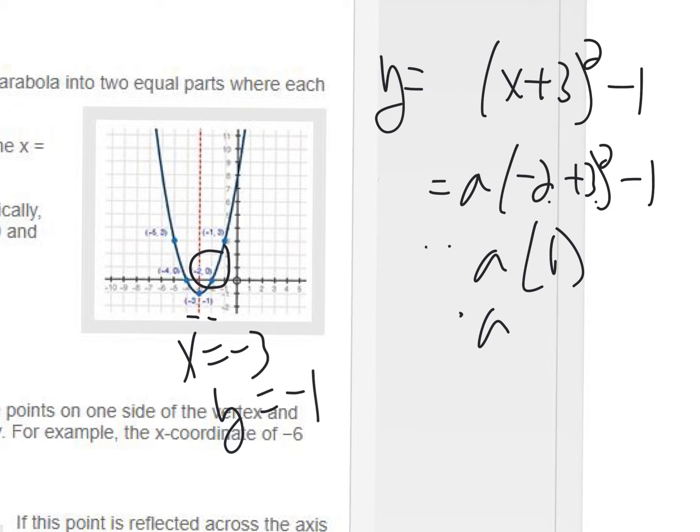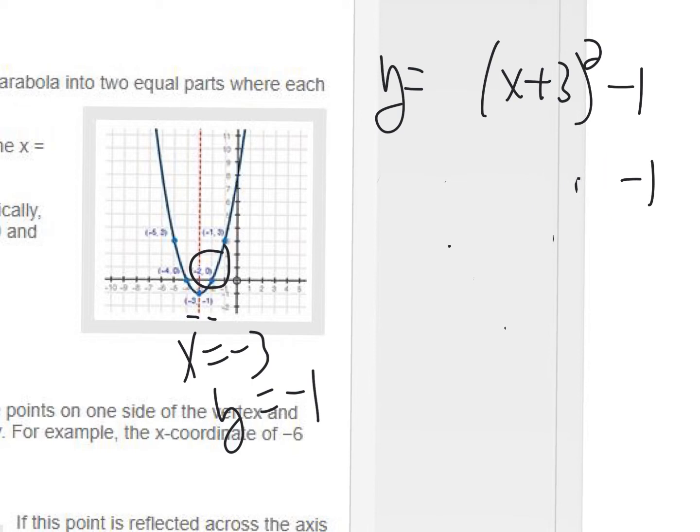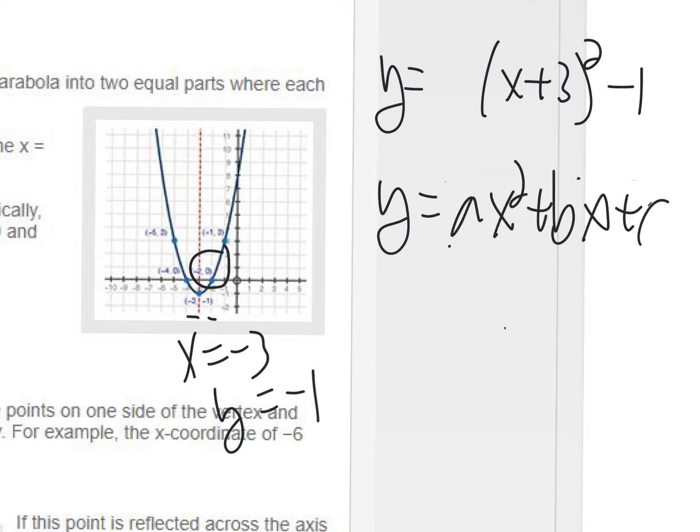Now, the other thing they start talking about is writing these equations in standard form. Standard form is written as y equals ax squared plus bx plus c. So we've got to expand it out. Let's put this into standard form.